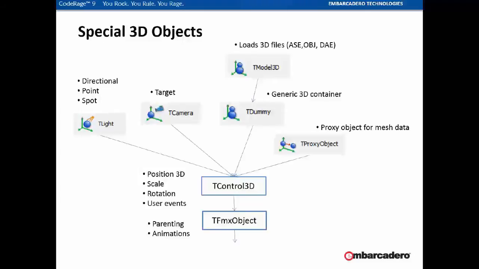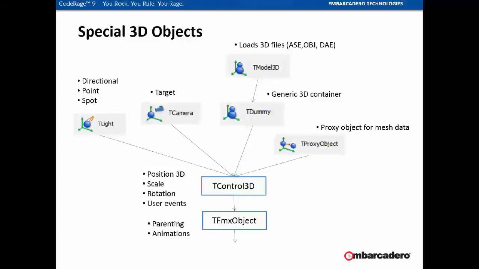There is also a special TModel3D component that is derived from TDummy, which is useful for loading arbitrary files with a 3D geometry created with other applications specifically designed for modeling 3D worlds and objects. There are three different file formats that are supported.